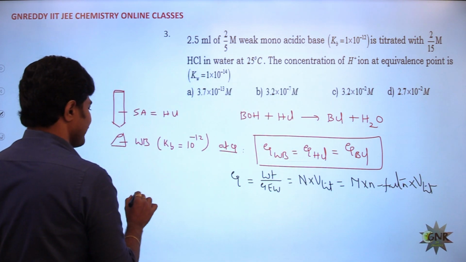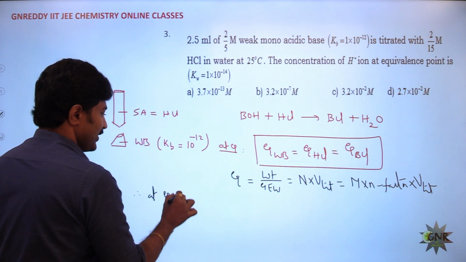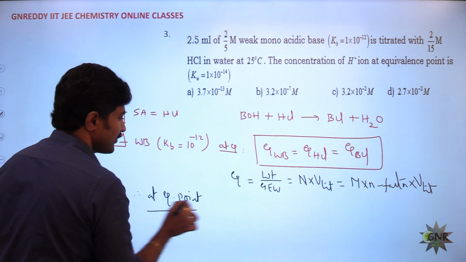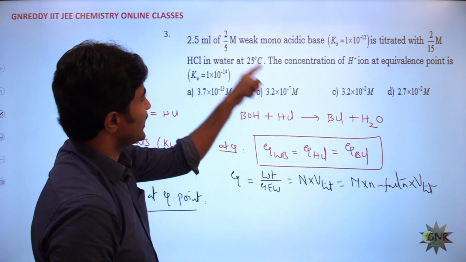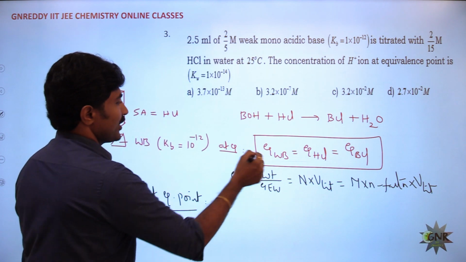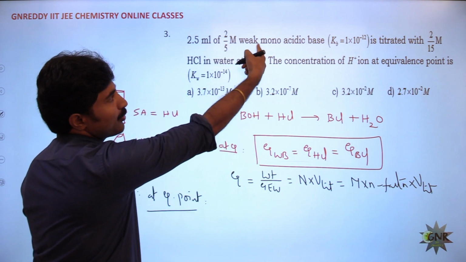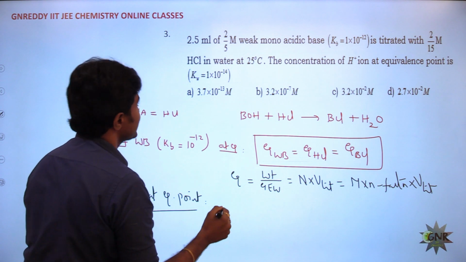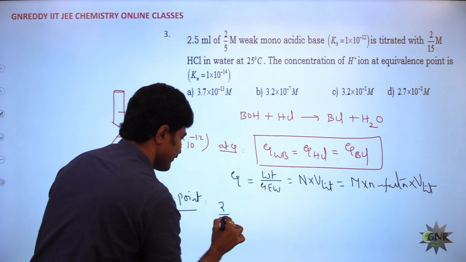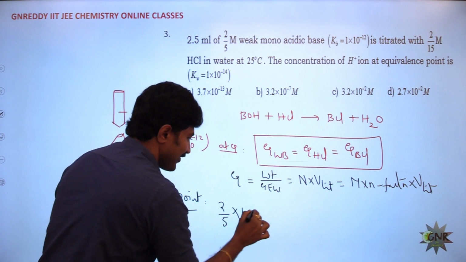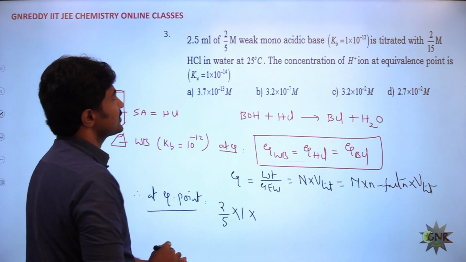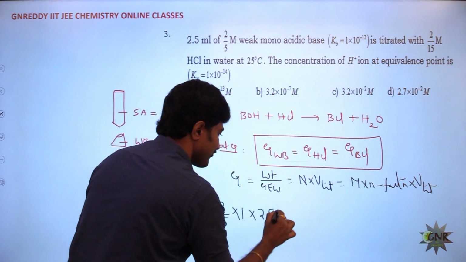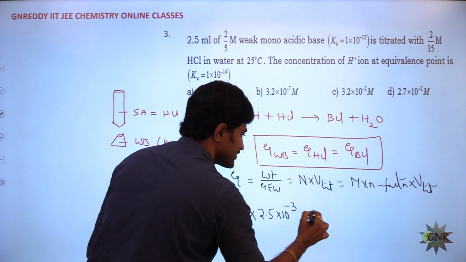So therefore at the equivalence point, what is the data given? Weak base data is given: 2.5 ml and 2 by 5 molar weak monoacidic base. Therefore molarity is 2 by 5 into n factor 1, because it is a monoacidic base, and 2.5 ml is 2.5 into 10 power minus 3 liters.